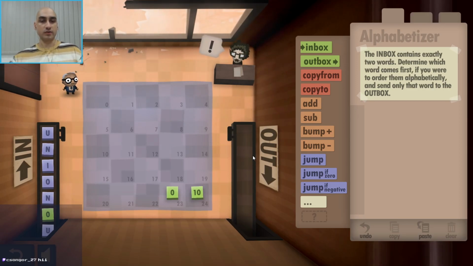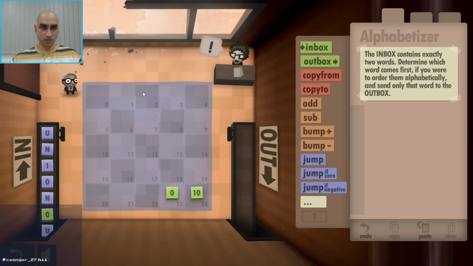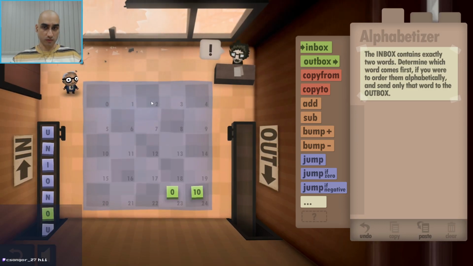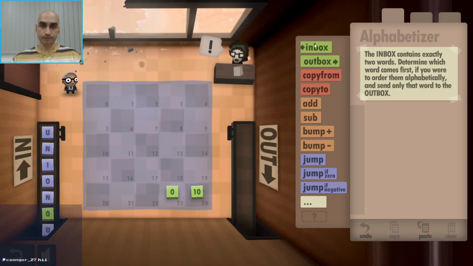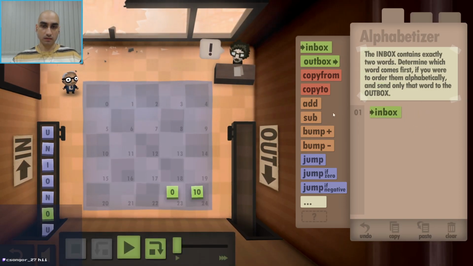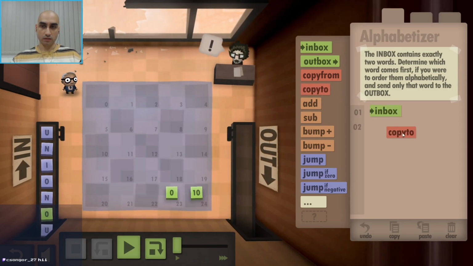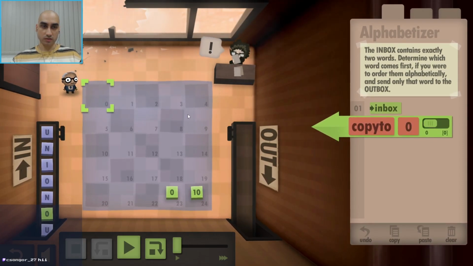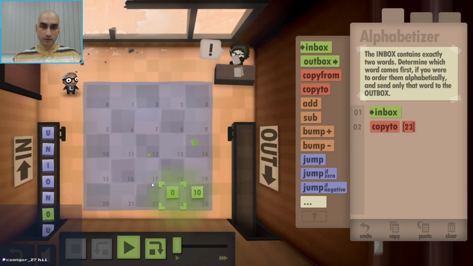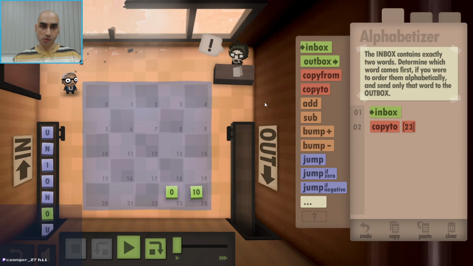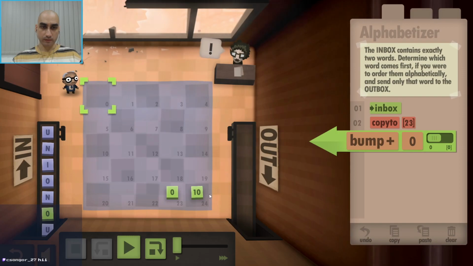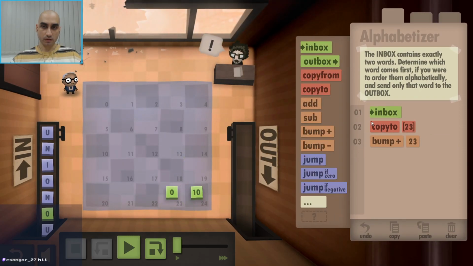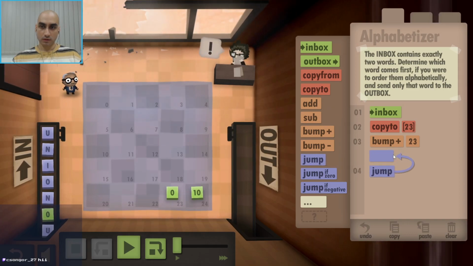Alright, so I guess I want to store the first word just from 0. So we pick up a letter, we copy it to this address, bump this one, increase it, and jump back to the start.